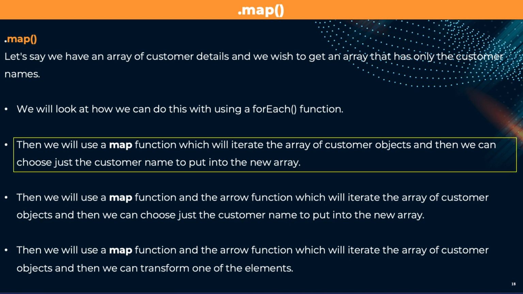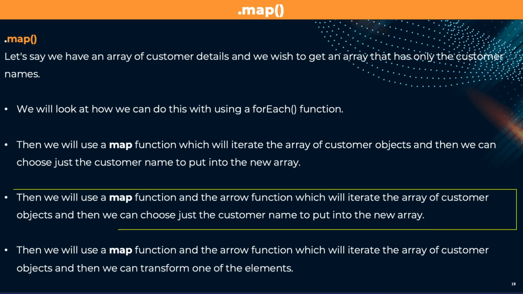Then we will use a map function, which will iterate the array of customer objects, and we can choose just the customer name to put into the array, rather than all the other details. Then we look at using a map function with an arrow function, which will iterate the array of customer objects. And again, we can choose the customer name only. So 2 different ways to do the same thing.